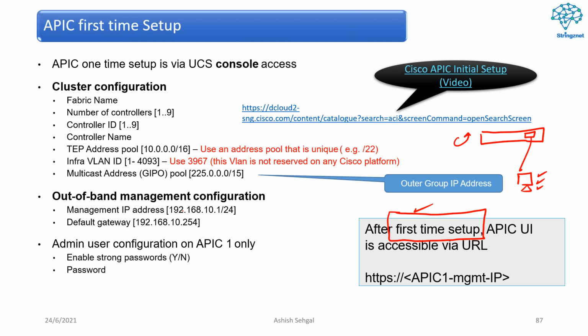In the controller first time setup, you have to give two different kinds of information. One is called cluster configuration, the other is called out of band management information. This cluster configuration information is nothing but to ensure that two or more controllers can form a cluster, a family, with similar information wherever required.